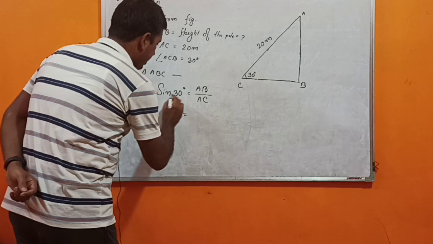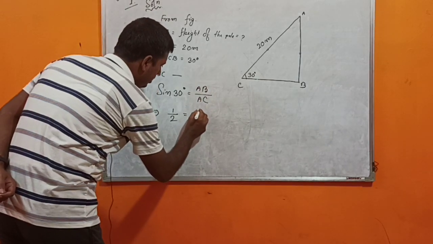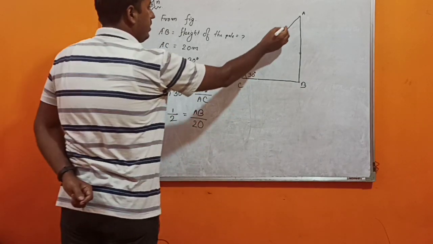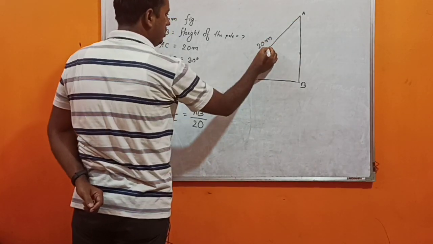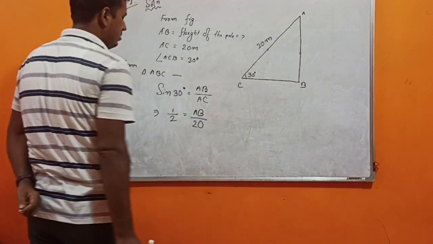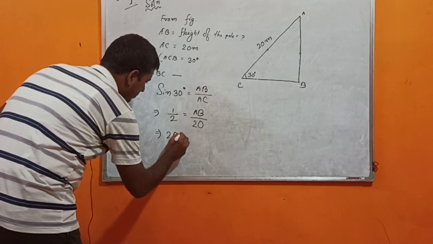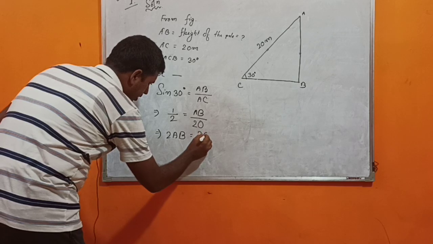So AB by AC, here AC is given as 20. In the question it is given that the length of the rope, AC, is 20. So 2AB equals 1 into 20, which is 20.